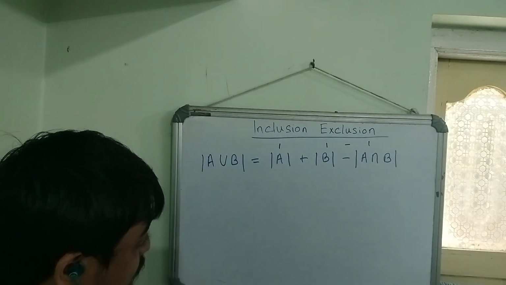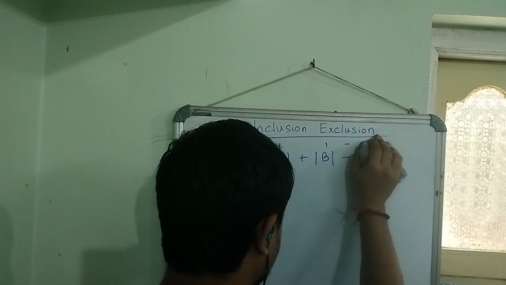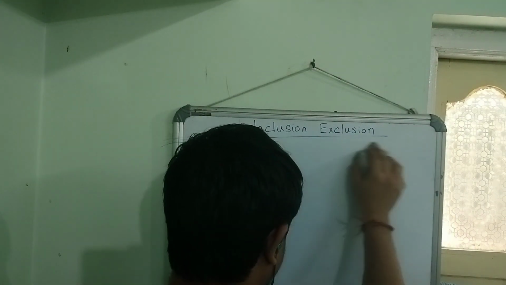Now let's move on to the next one, which is the inclusion exclusion principle for three sets.